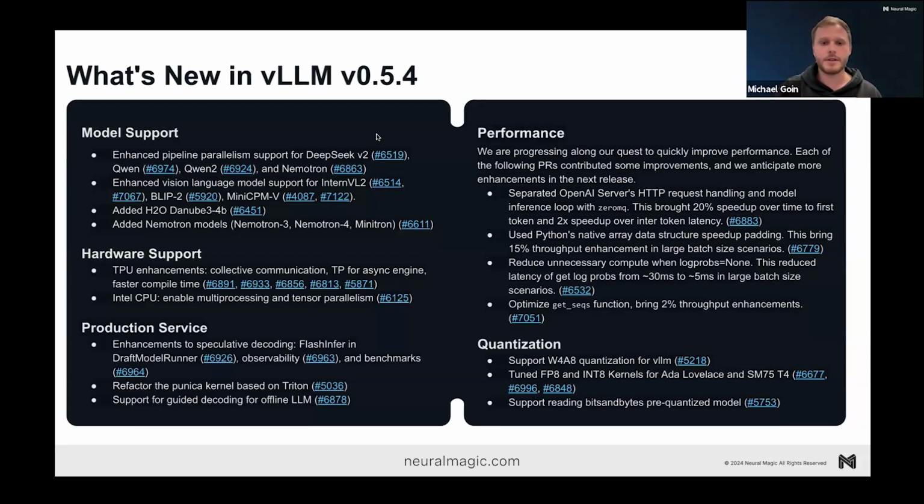And then on quantization, another really big community PR that's been in review for a few months has been W4A8 quantization. So getting to lower levels of weight precision and memory compression while still getting that int8 tensor core throughput is a really good first result.